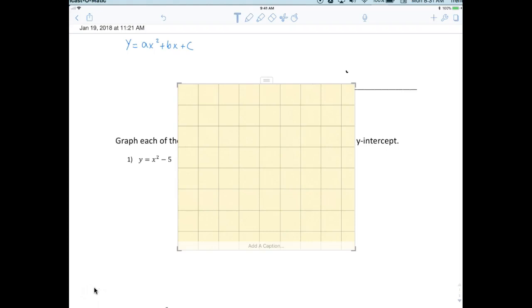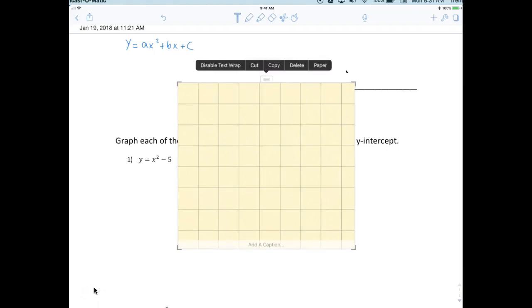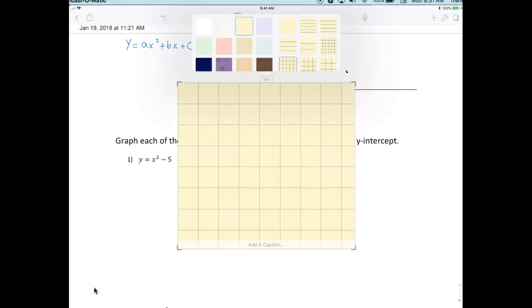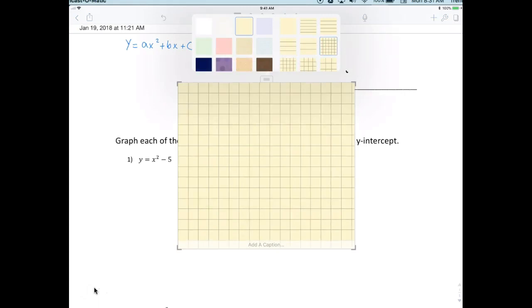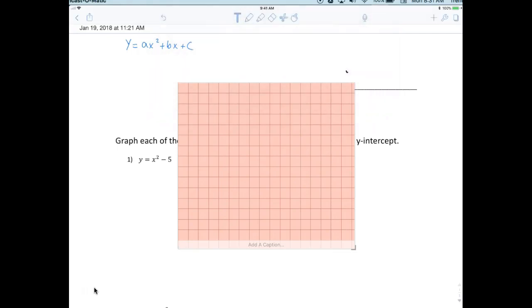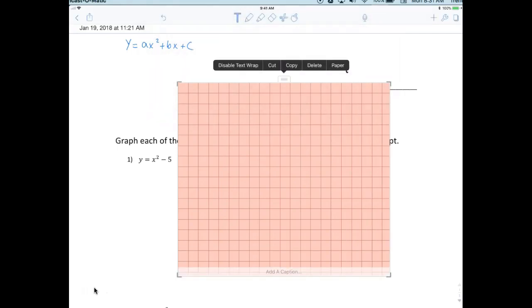If you tap it, I think you can do paper, and you want to make it smaller. Now we're able to do a graph. Does everybody see that? I think that's a really cool little feature, and you can do whatever color you want. It doesn't really matter. And if you make it bigger, if you expand the picture out, it just gets more grids, which I think is really nice for graphing.